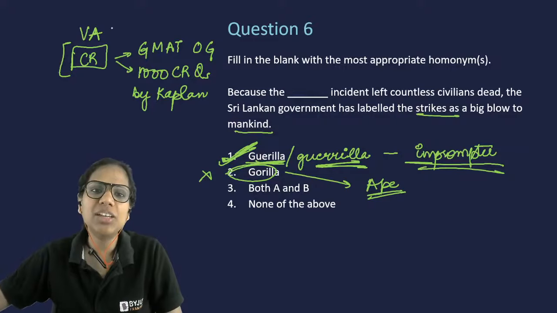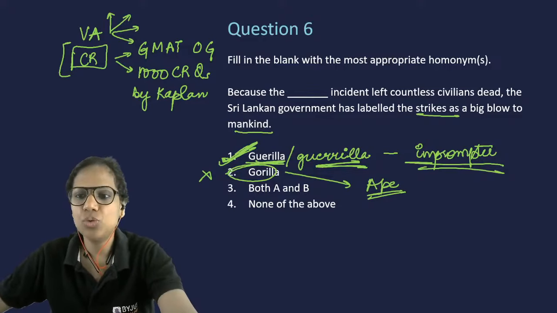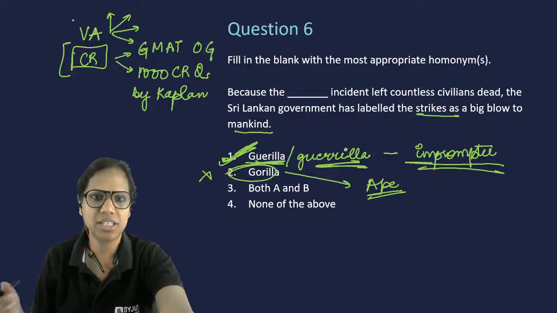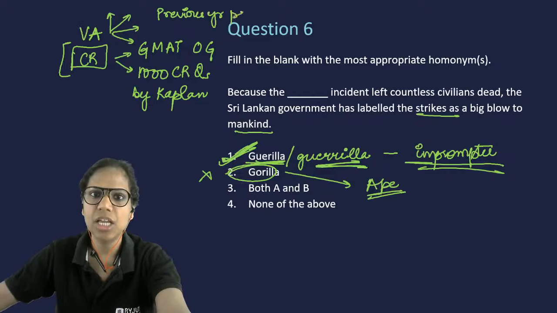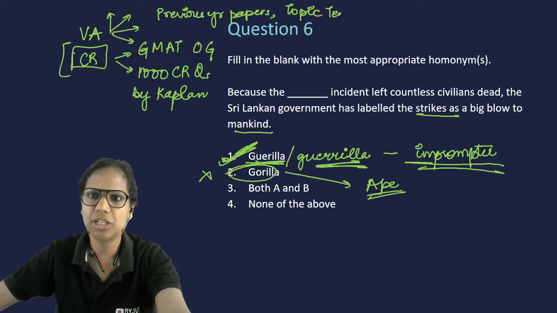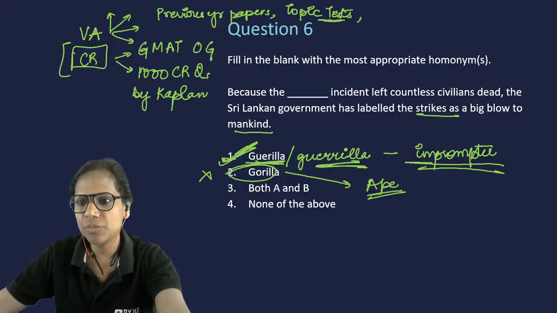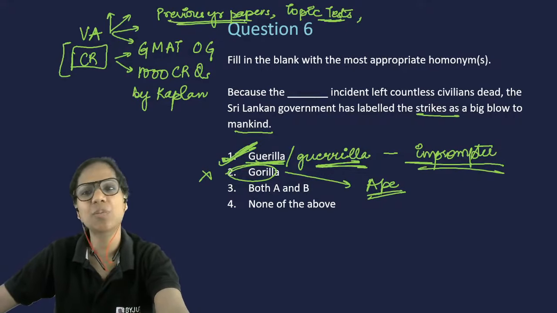Now, when it comes to VA, again, one is your book. What other sources exist? You will not find a dedicated book for just para summary or just odd sentence out. You will have to rely on previous year papers. That's one. You'll have to rely on the topic tests that you have. This is for those who are enrolled with us. And apart from that, for para-jumbles, all the entrance tests ask para-jumbles.